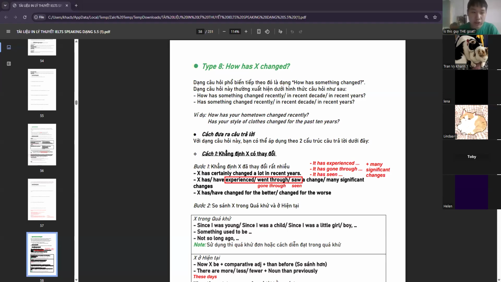Usually they would ask how something has changed in this recent decade, recently, or in recent years. Usually you would see recent years and recently. Decade is a bit rarer, but I've seen it happen. For example, how has your hometown changed recently, or how has your style changed?